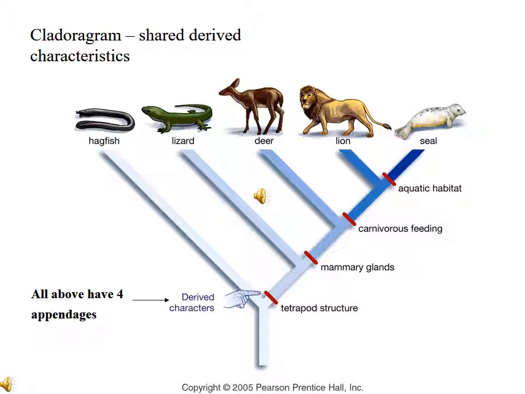And then if we move further up, we see that above the deer, all those organisms are carnivores. And then if we move above the lion, we see that all the organisms above the lion are aquatic. And so we can see how these organisms are related by certain shared derived characteristics, and this is again referred to as a cladogram.